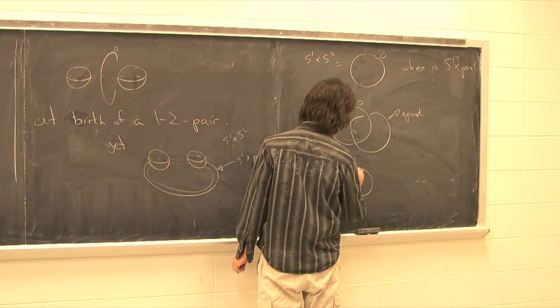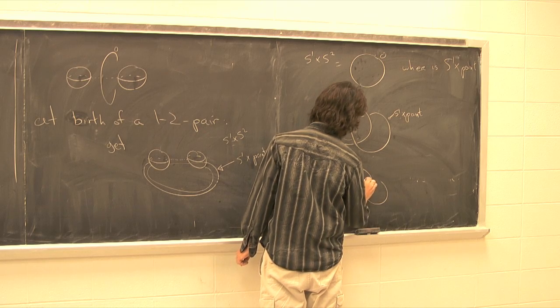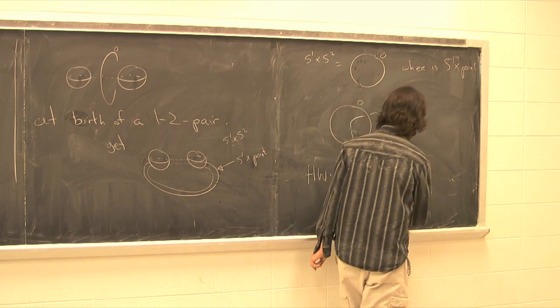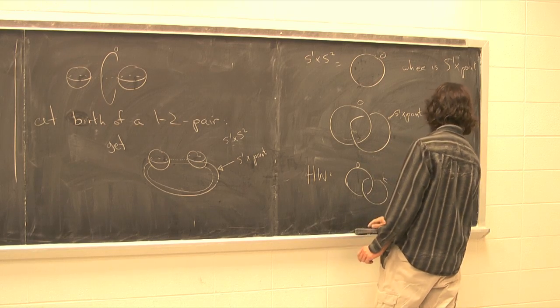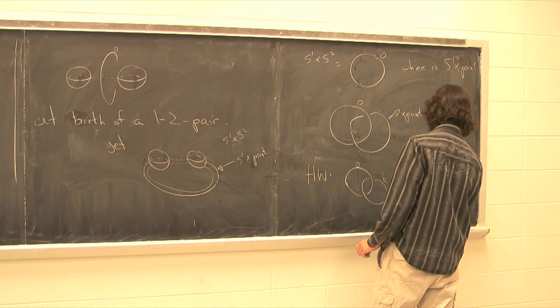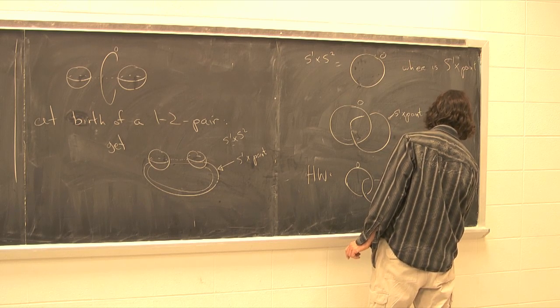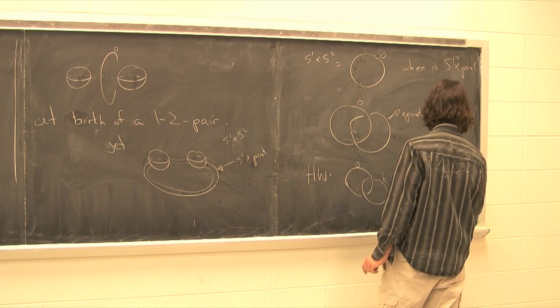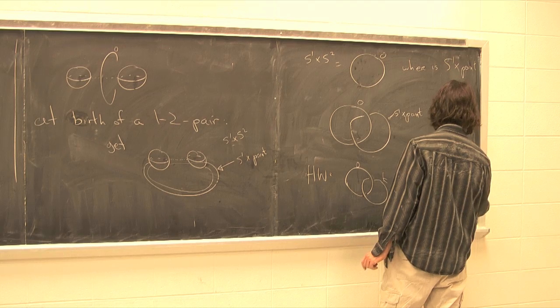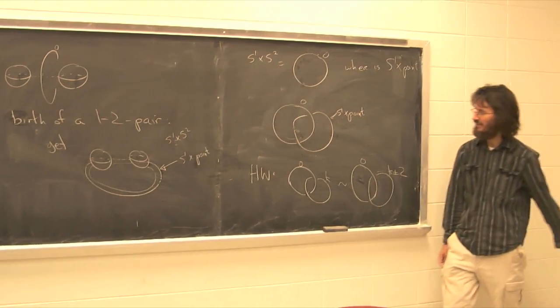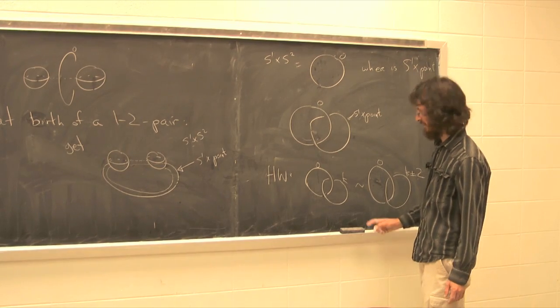Show that 0k is equivalent to... so then you can always reduce it by 2.